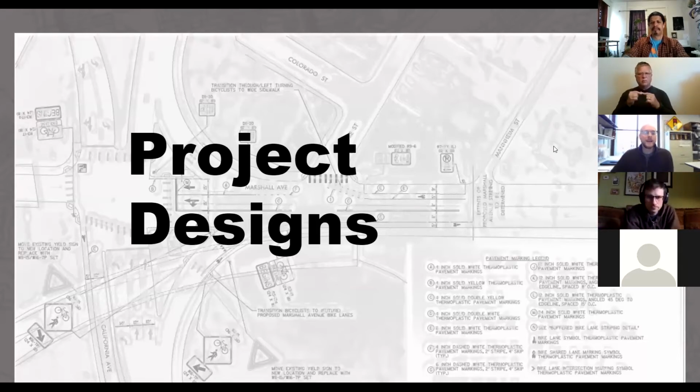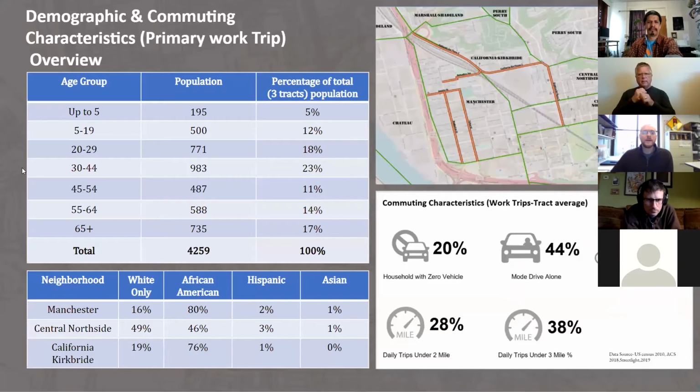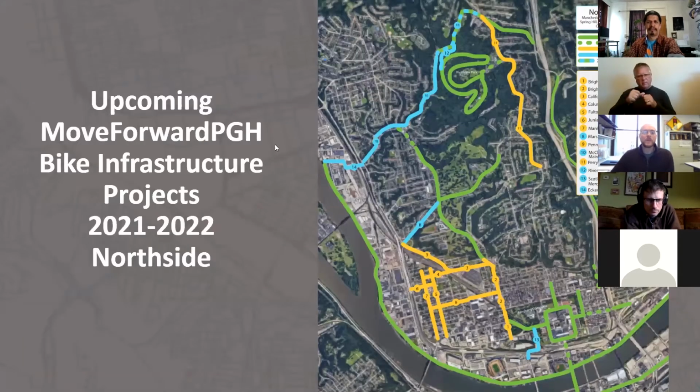Ricardo, if I could ask to go back to slide 11 with the map one time, just to refresh everybody. As Panini mentioned, the reason that we're taking part in this Move Forward program is to really roll out a large amount of the network in a quick build fashion.